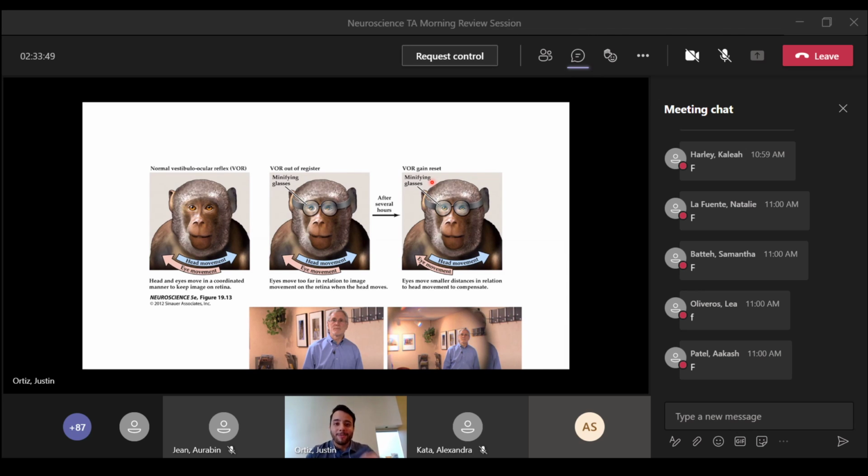Because it's super blurry, I'll explain why that makes sense. The reason why we can move our head back and forth and still see our thumb clearly is that we have a vestibulo-ocular reflex, a reflex from the ear, the vestibular system.